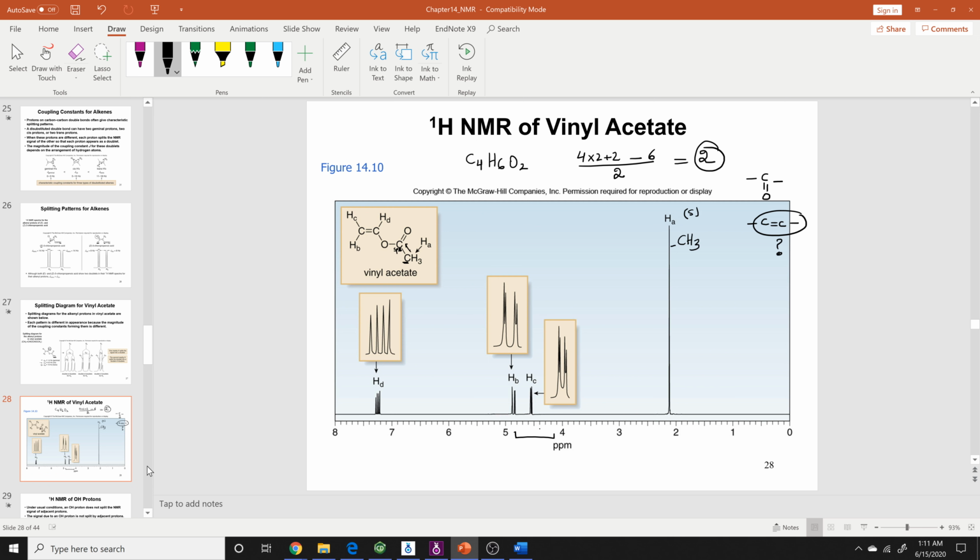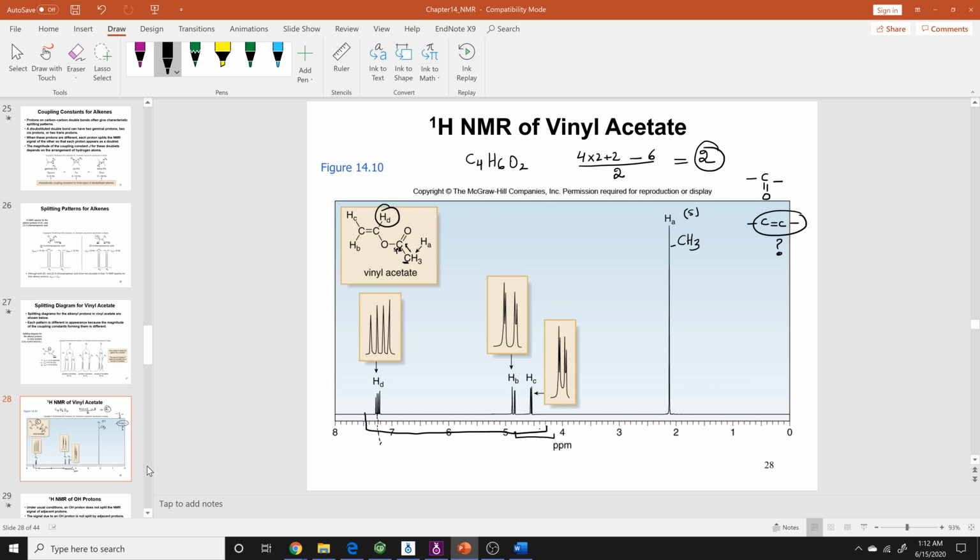Okay. Now for one more thing that I want to say, the region between 4 and 5 is kind of extended a little bit. See proton D. Proton D is connected to the oxygen, so this is why it's further shifted downfield. See the region over here from 4 to probably 7.1, 7.2, 7.3.